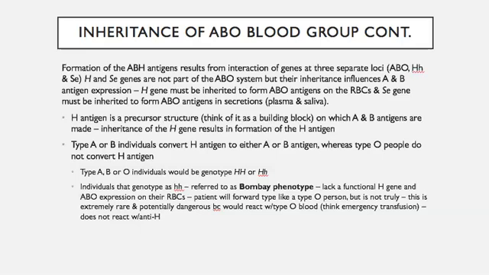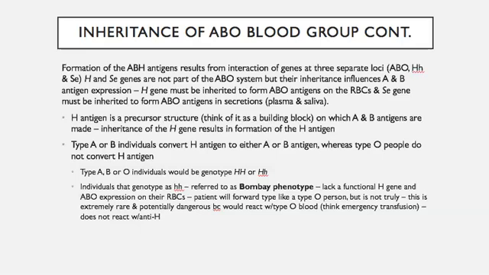This phenomenon is extremely rare, but potentially dangerous, because this person would react with type O blood, like in the case of an emergency transfusion. They can only receive blood from another Bombay person because their blood will have anti-H.